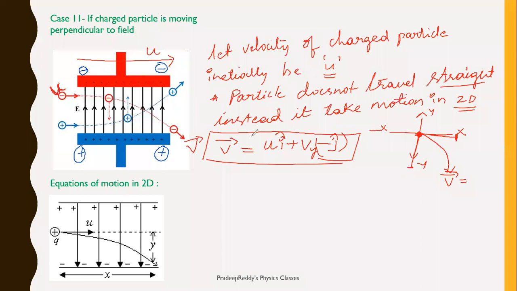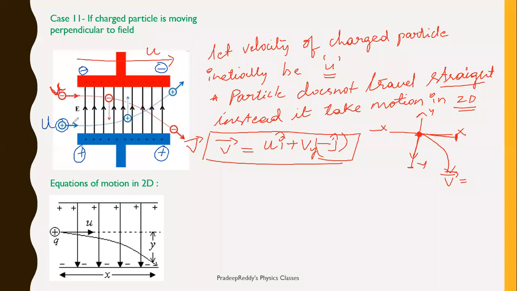Now coming to the positive charged particle. So far we have learnt about the negative charged particle. As the force acts in the downward direction, that particle moves downward. Similarly, taking a positive charged particle, which I will represent with blue ink, its initial velocity is u.